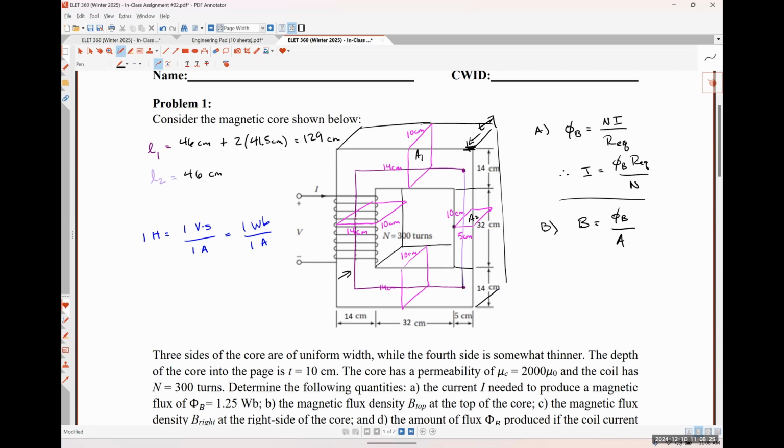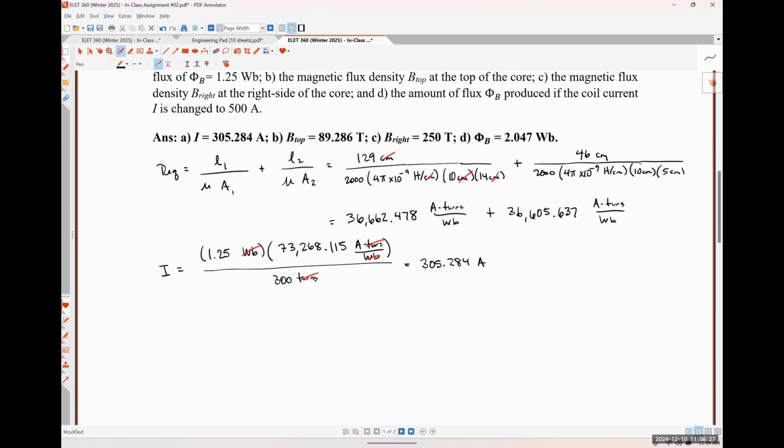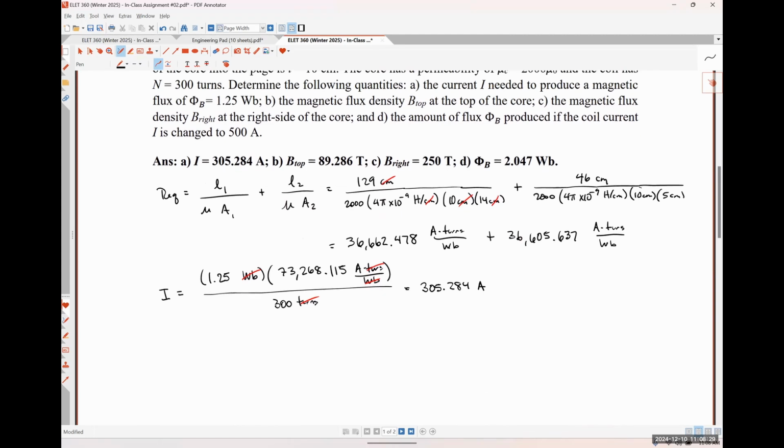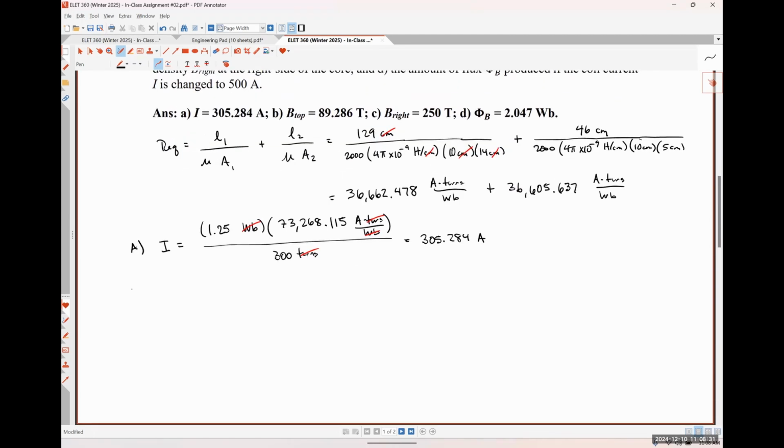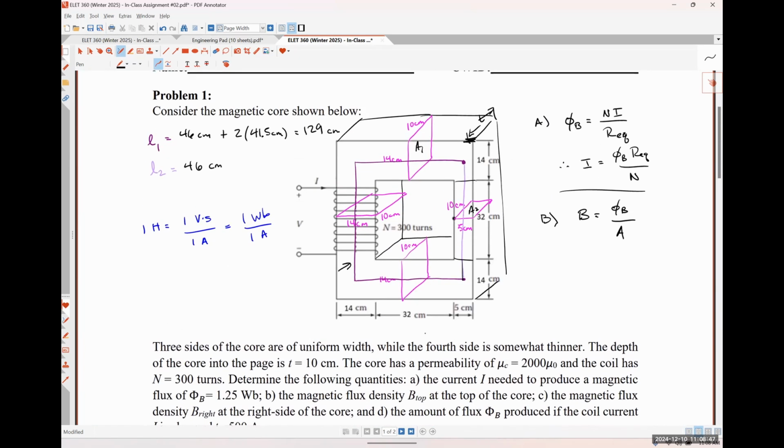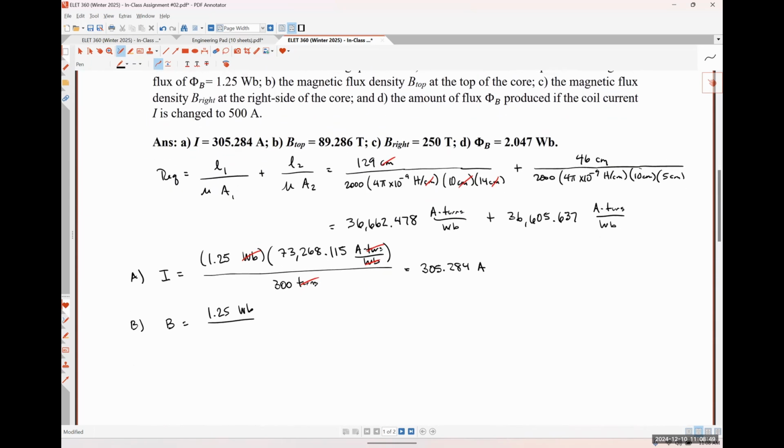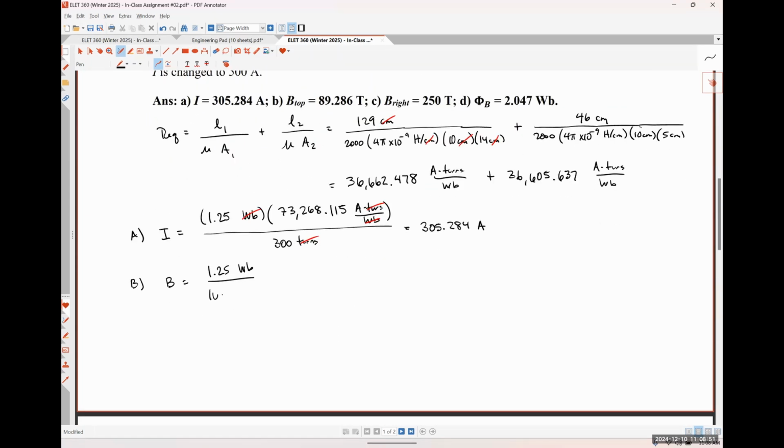So our flux was 1.25 Webers. Area. 1.25 Webers. Our area in this case is 10 centimeters times 14 centimeters.